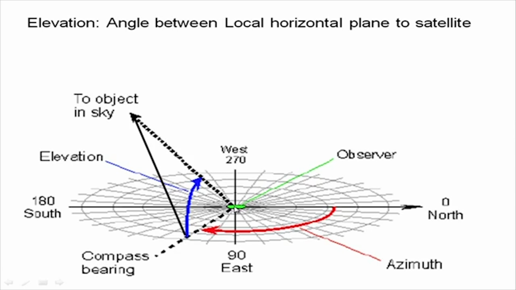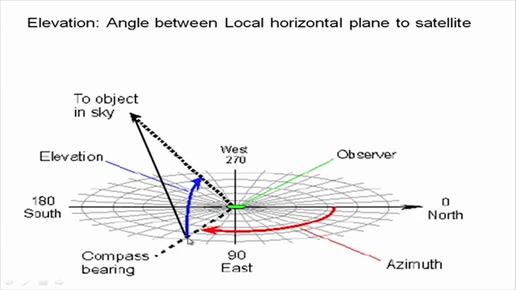If you draw a line from the observer to this point, then the angle from the north towards the east is azimuth, and the angle from the horizontal plane to the line joining the observer to the satellite is elevation. The line joining the point which has cut, going towards the subsatellite point, to the line joining the observer to the satellite, this angle is elevation.